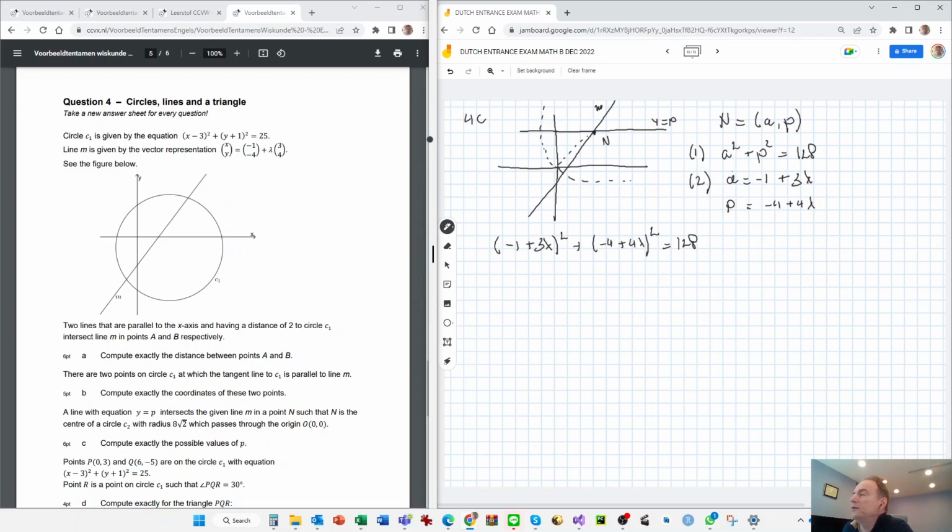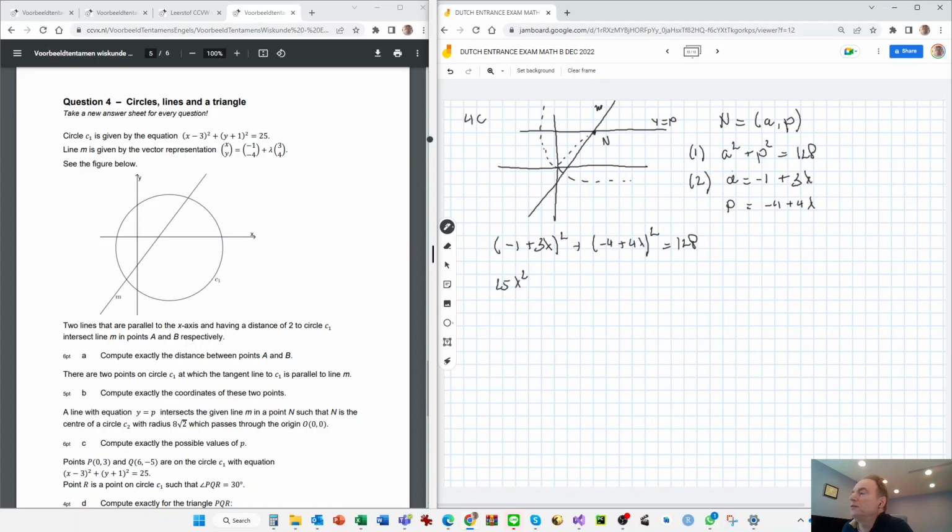So let's look at all the quadratic terms. It's 9 lambda squared plus 16 lambda squared, so it's 25 lambda squared. And let's look at the terms linear in lambda.